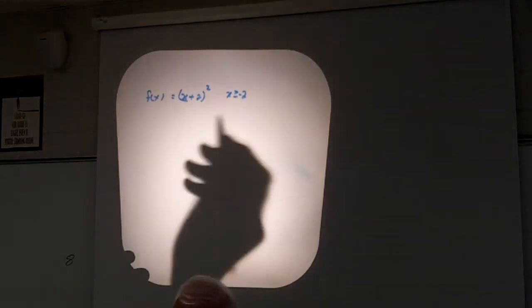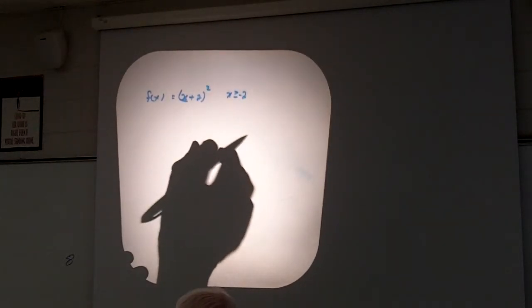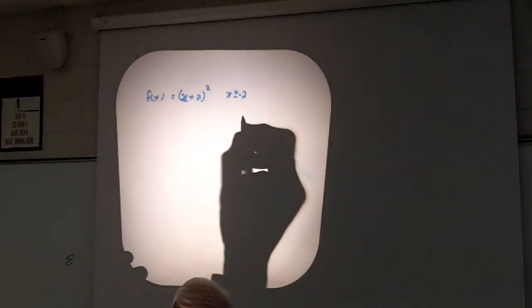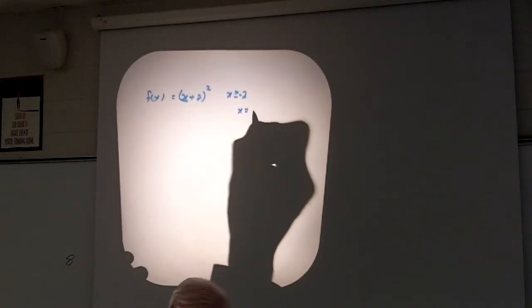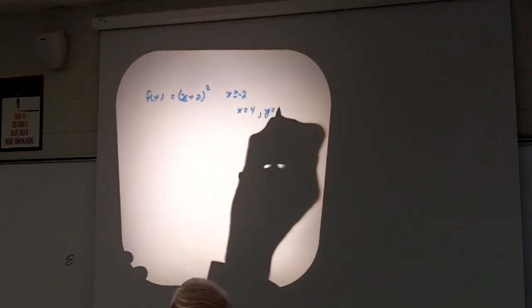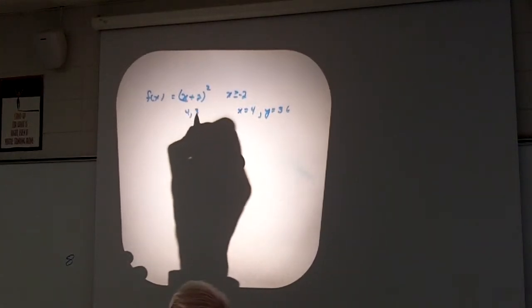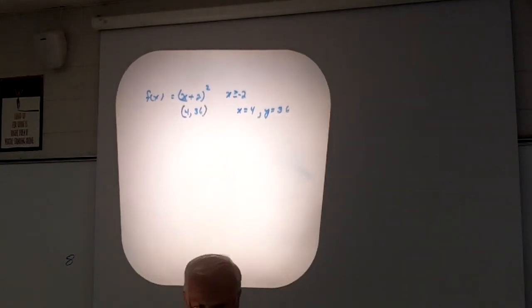And a point on here, let's see, that would be if x equals 4, y equals 36. So in this case, I have (4, 36) as my point.